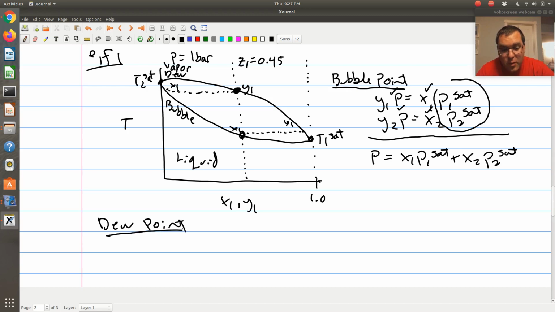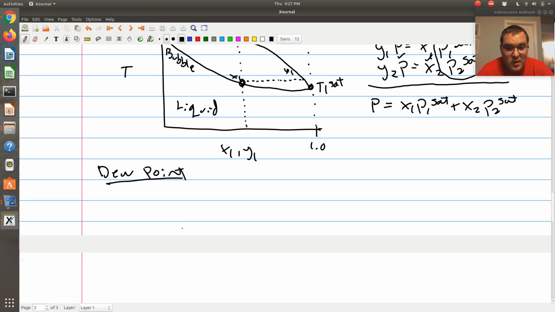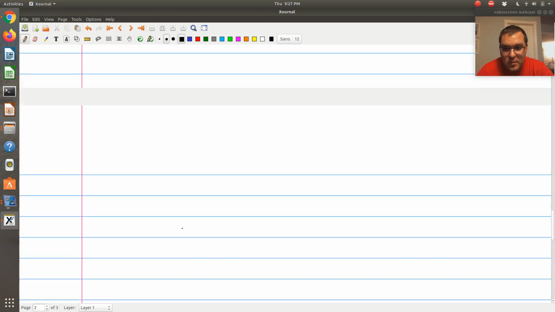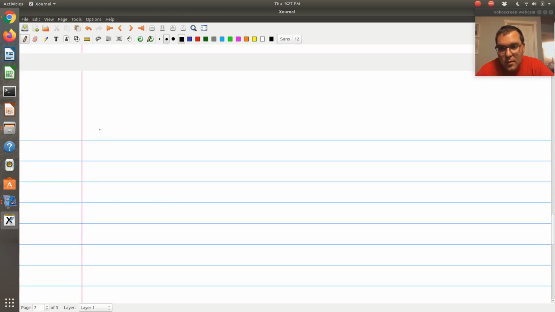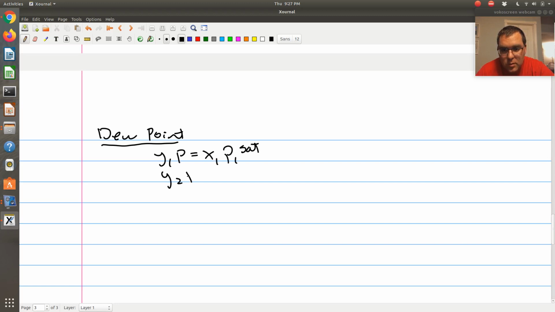At my dew point, I have two phases at vapor-liquid coexistence, so I write my isofugacity expressions. At the dew point, I know y because y is just equal to my mixture composition.